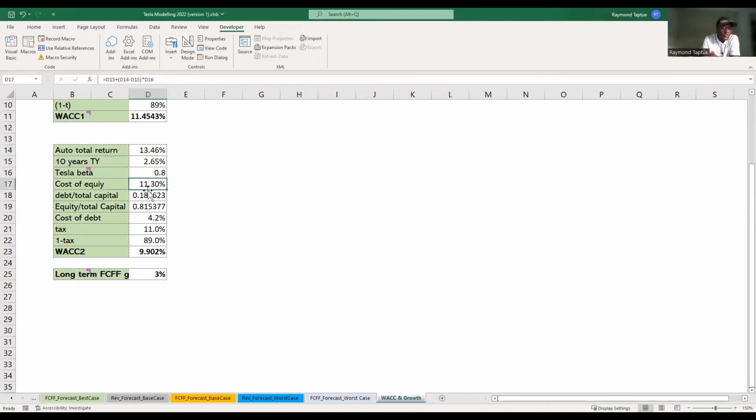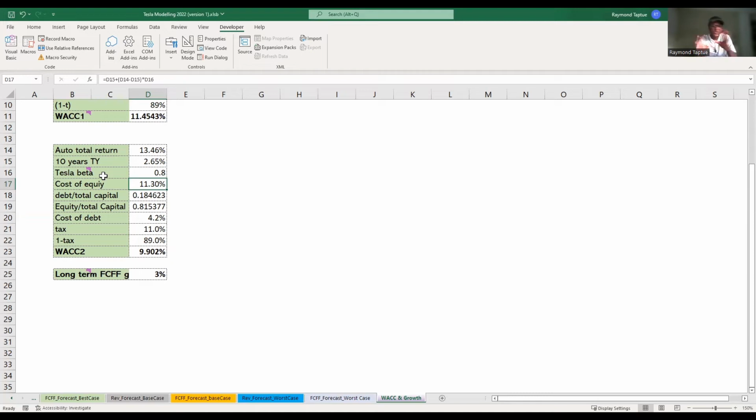I said I will use the CAPM to determine the cost of equity for Tesla, and you know the formula for the CAPM. So I have the total return for the industry, which is the market return. I have the 10-year treasury yield. I have the forecast for Tesla's beta, which I forecast to decrease as we move into the future. I think that is going to be comparable to Toyota's, which is currently about 0.6.